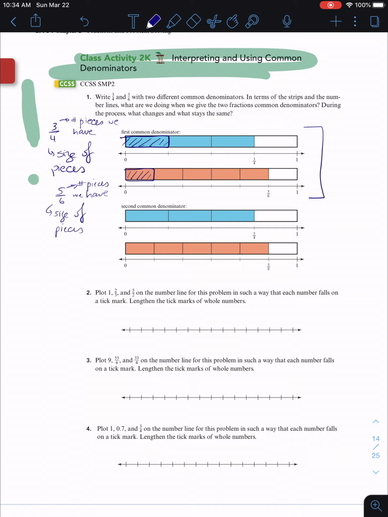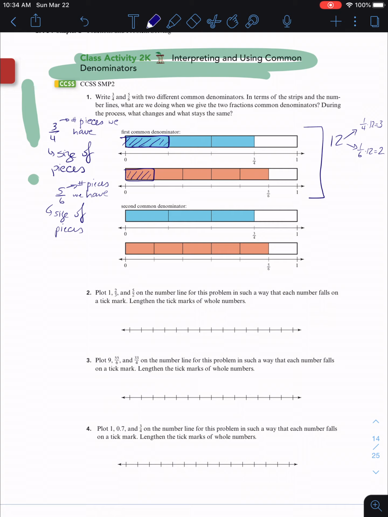And 12, we can find a fourth. That's 3. Well, that's really interesting. The fourth of 12 is 3, and a sixth of 12 is 2. So we can split up the 12 into fourths and sixths. Wouldn't that be a really nice number to work with?